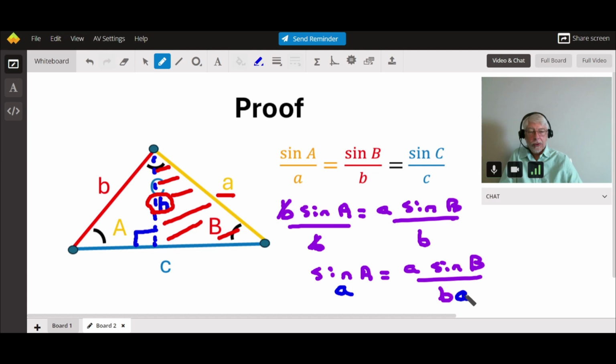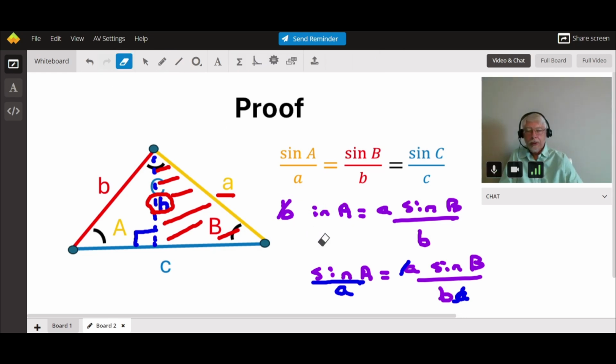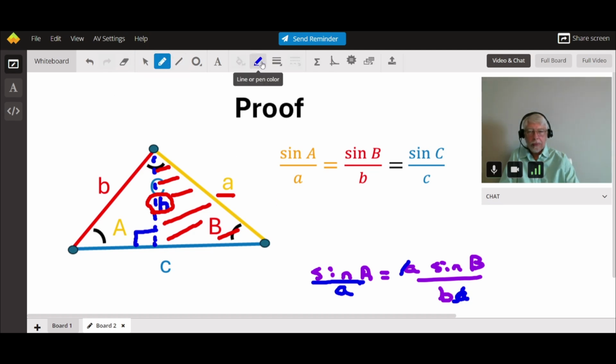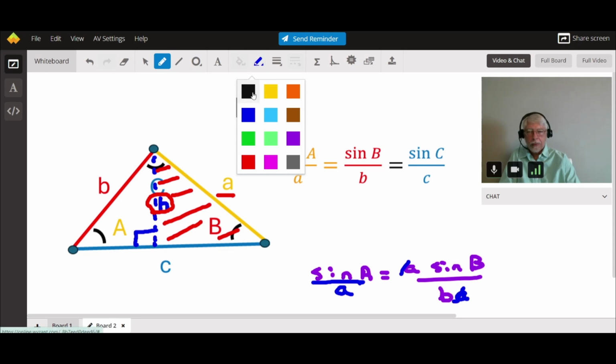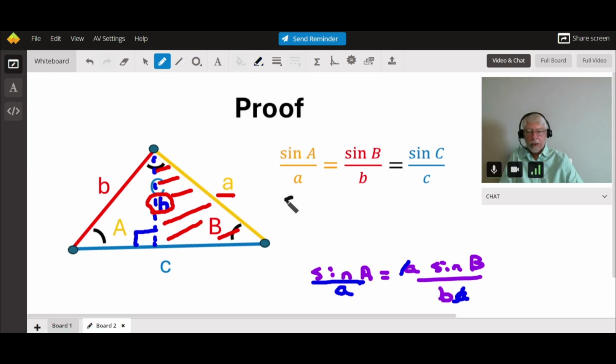The a's cancel here, and what we end up with is sine A over a is equal to sine B over b.